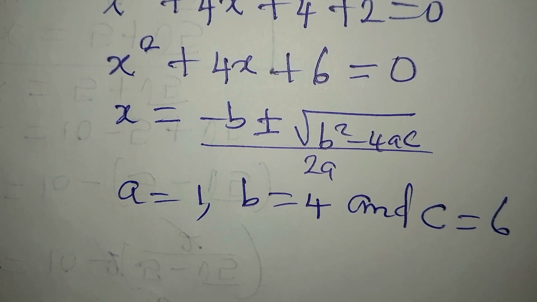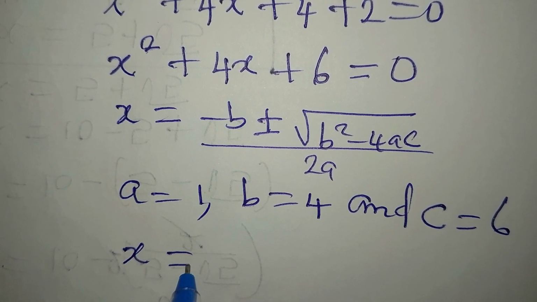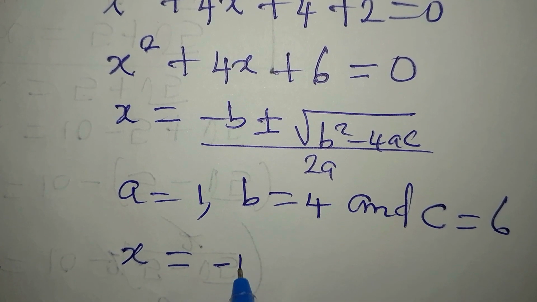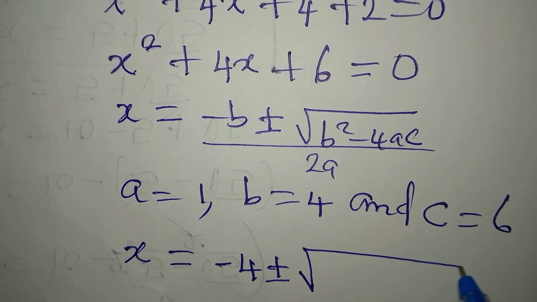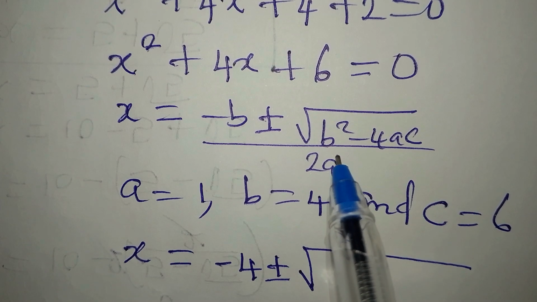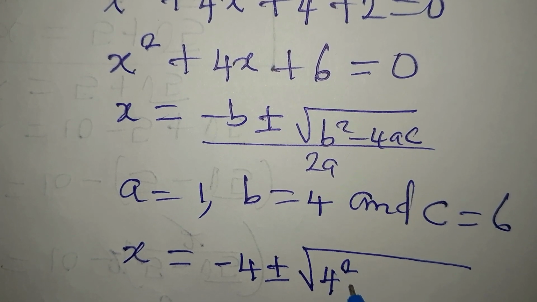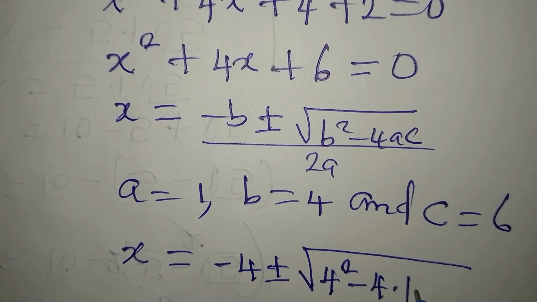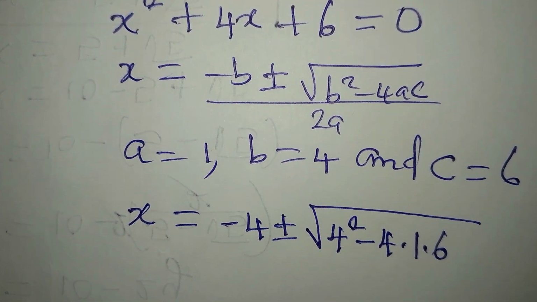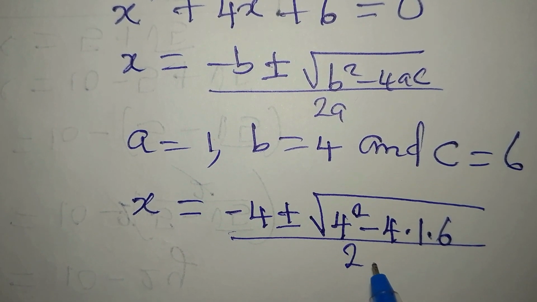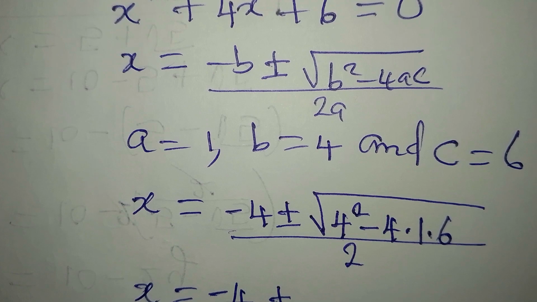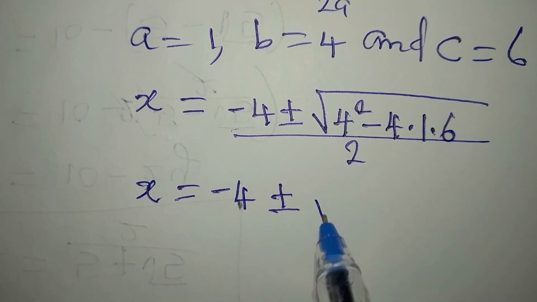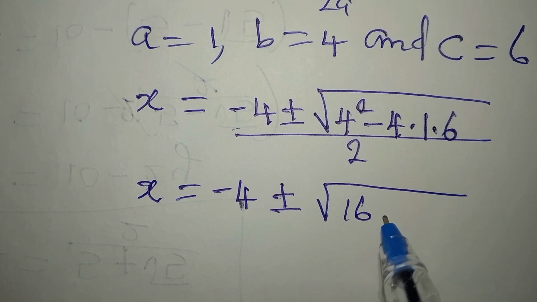Now put this into the equation. x will now be, in place of -b, I'll write -4, then ±√, and in place of b squared, that will be 4 squared again, then minus 4 times a times c, because c is 6. Then we divide by 2 times a, which will still give us 2, because a is 1. Now x will be -4 ± √(16 - 24).